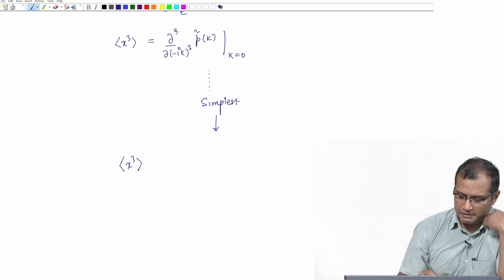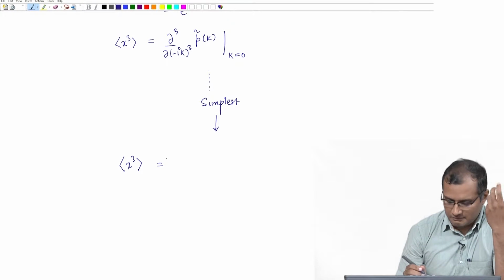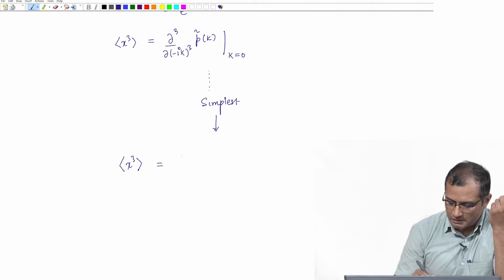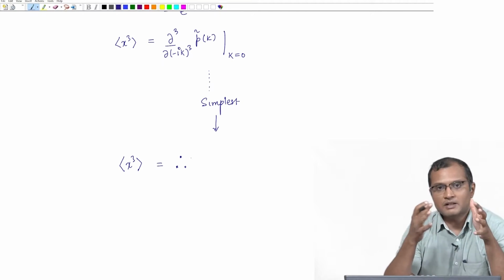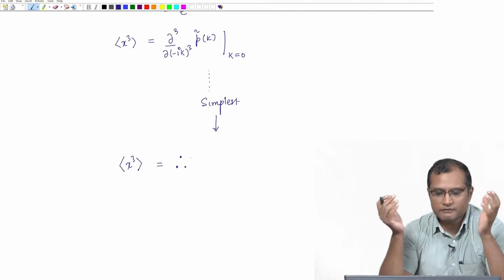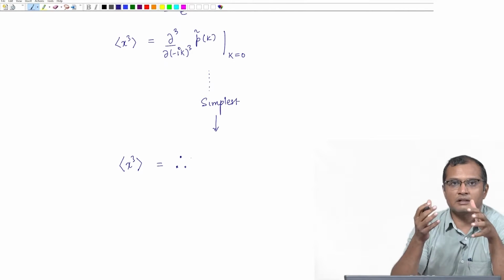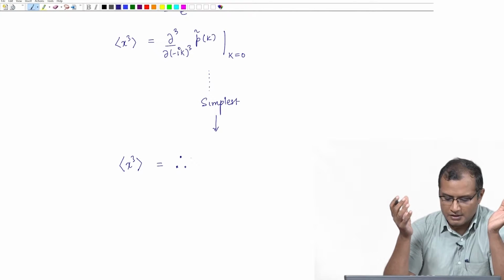And just from the knowledge already developed, I am going to write down the third moment in the form of our connected and disconnected clusters. So, I have the third moment.